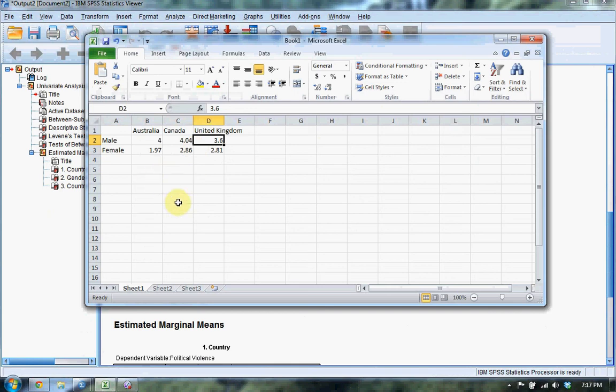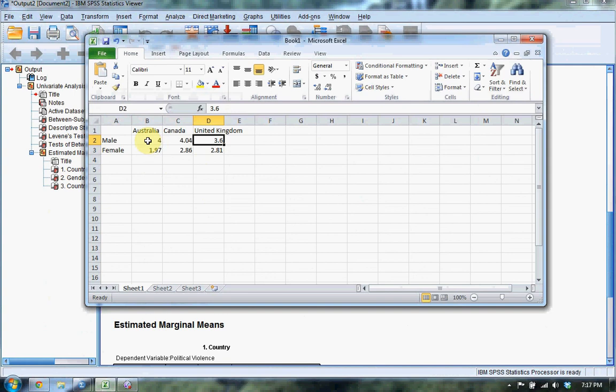That means the relationship is ordinal. So how you are looking is on each of these lines if there is a difference. So if United Kingdom had a lower mean value in male than female, it would be disordinal.